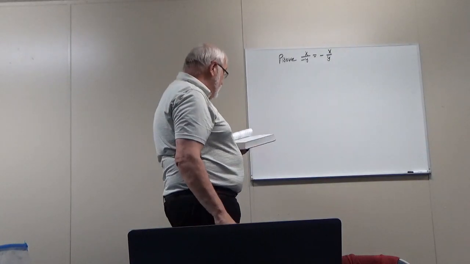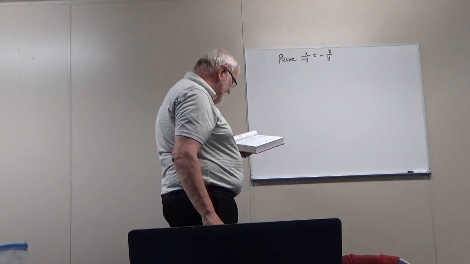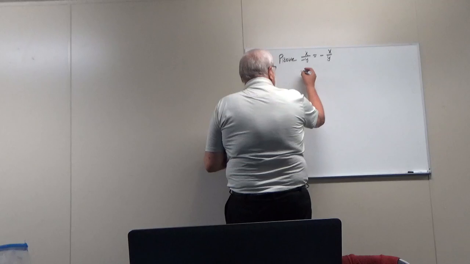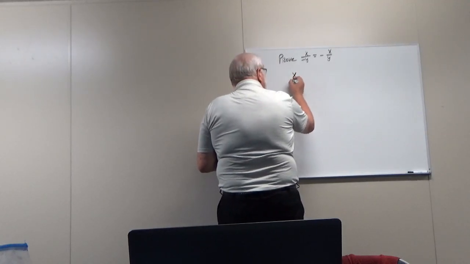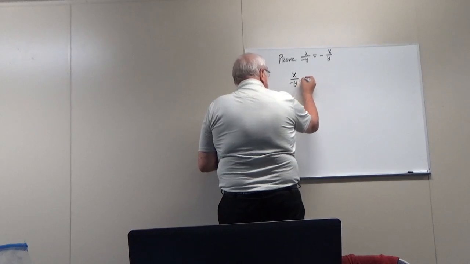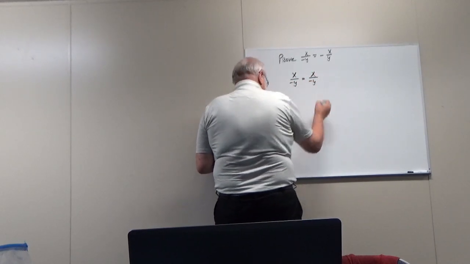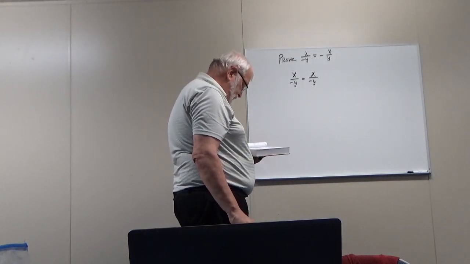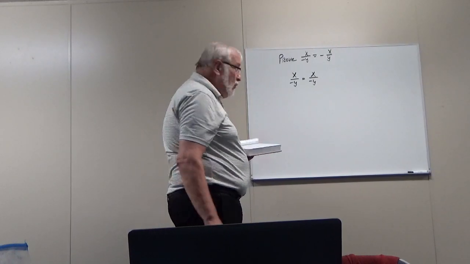So the first thing we have to do is say that x over negative y is equal to x over negative y. For what reason?